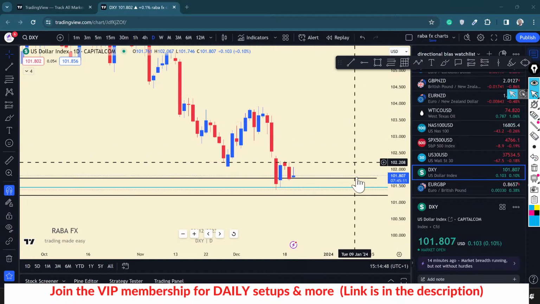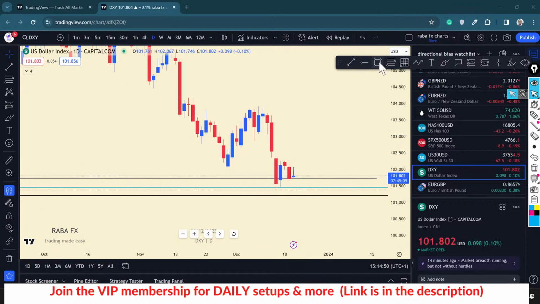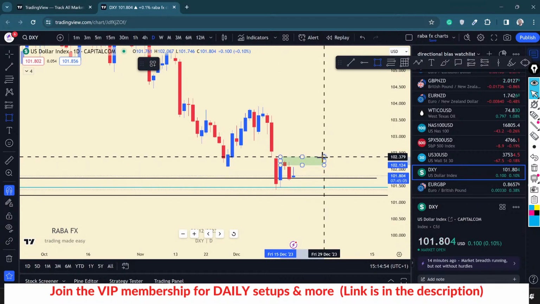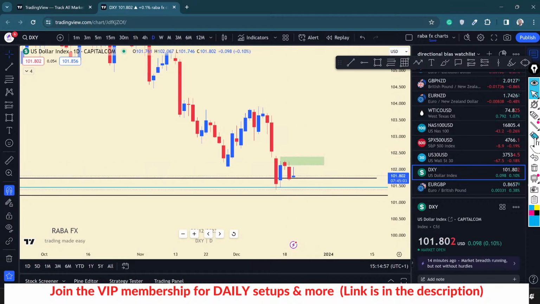The areas I'll be looking to continue this bearish trade are simply this area. When price comes in here on the daily, this is where you sell from, this region into this area.